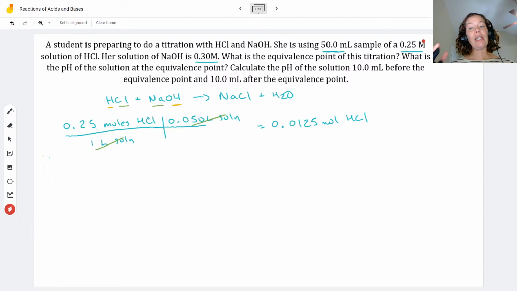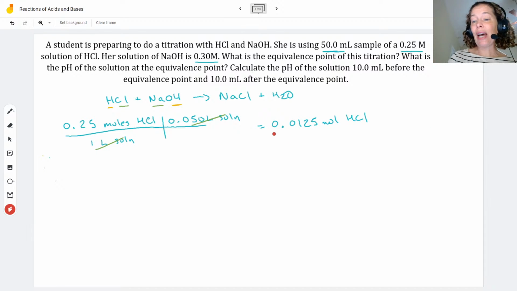So what we really want to know is what volume of sodium hydroxide we need to add to neutralize all of these moles of acid. So we want to react it completely and exactly. We don't want excess moles of acid left over. We don't want excess moles of base left over. We want it to be exactly the same.